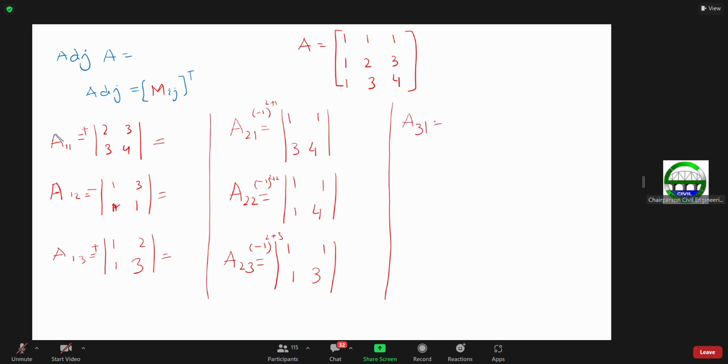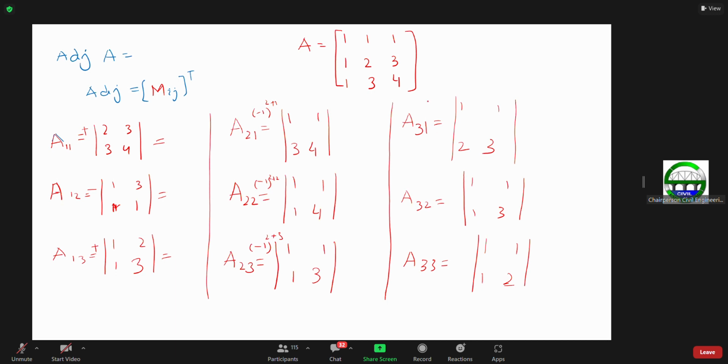is equals to determinant of 1, 1, 2, 3. And A3,2 is equals to 1, 1, 1, 3. And finally, A3,3 is equals to 1, 1, 1, 2.